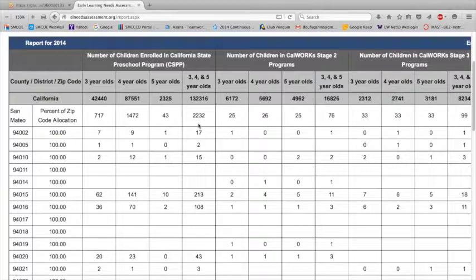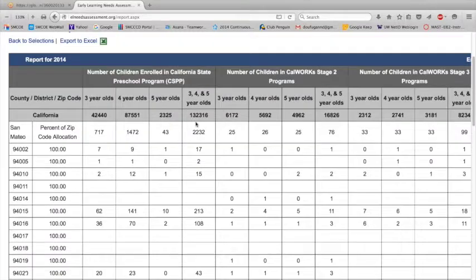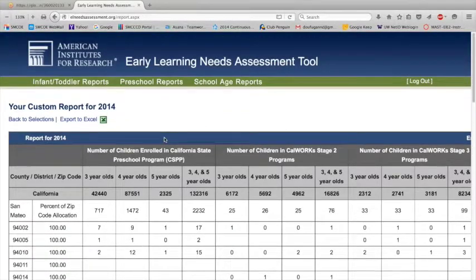CDE does collect it, but they have yet to give it to us at a zip code level. Maybe they will, but at this point they don't. So that's how you find out about CSPP enrollment.